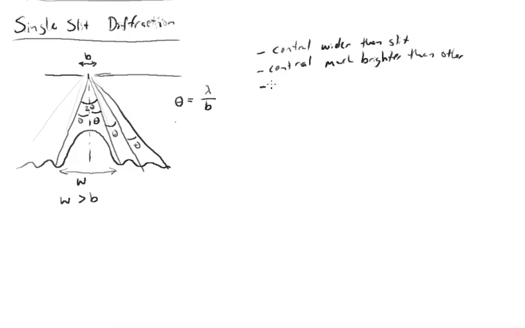After the central bright fringe, each consecutive fringe, that's not counting the first one, there's a big drop after the first one, but then after each of these, consecutive fringes after the middle one reduce in brightness by about a half.